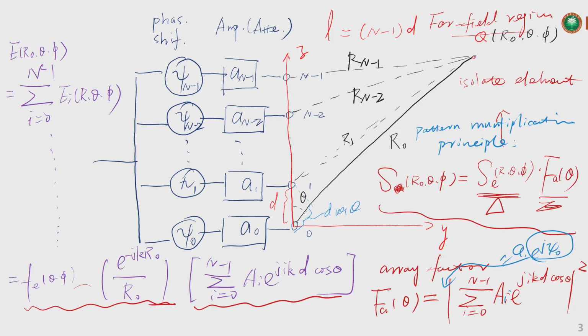Which means, because here we assume this is always theta, because its proximity R is much larger than D, we can assume that all of them are approximately parallel to each other.